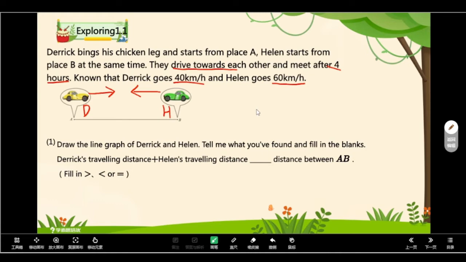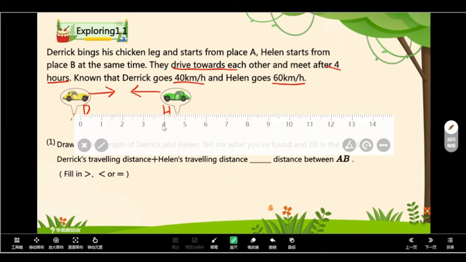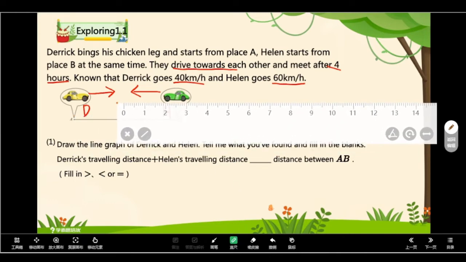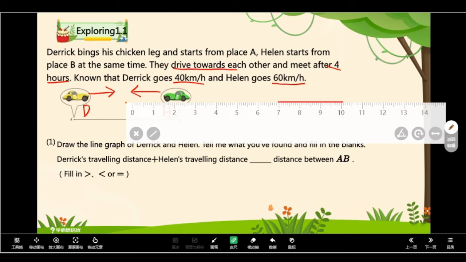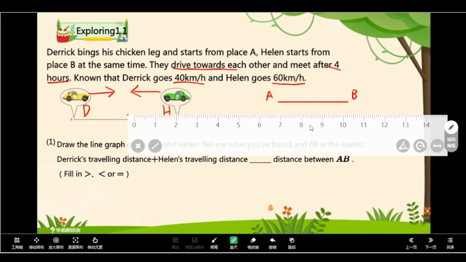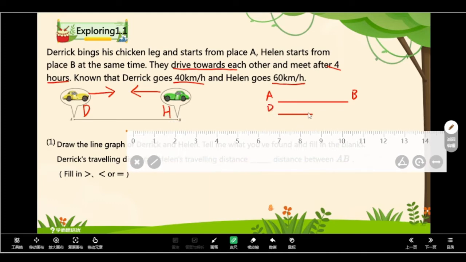For the traveling problem, the most important thing is we need to draw a diagram before we do this type of question. So let us draw a diagram. We need a ruler here. For example, this is place A and this is place B. Alright? And how about Derek? Derek starts from here. This is Derek. Derek is going this way.